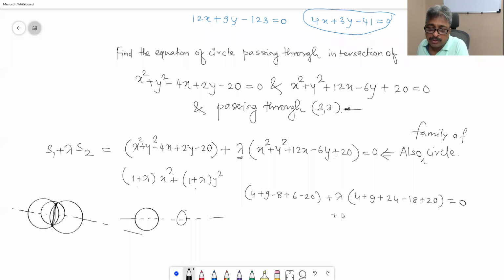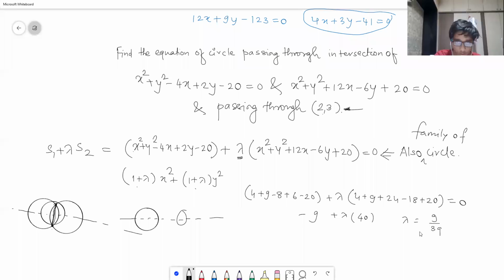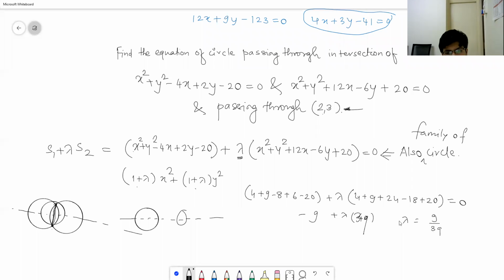So the coefficient of lambda is 14, 28 and 38, 58 minus 18, 40. Sir, it should be 39, right? Yes, sir. 39. Okay, 39, so this is the lambda value.